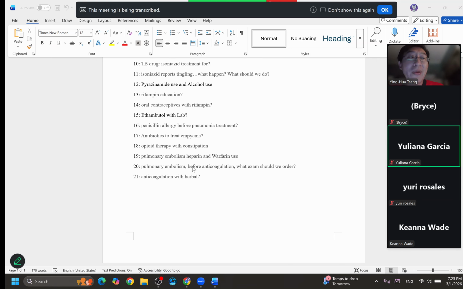We probably need to check labs like PT and PTT before we take the anticoagulant. But I haven't taken it yet, so I need a diagnostic exam. Ultrasound? CT scan. X-ray and CT scan, but the answer doesn't have an X-ray, so we have a CT scan.